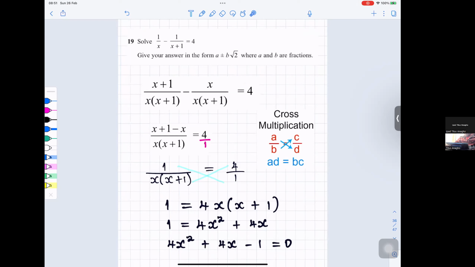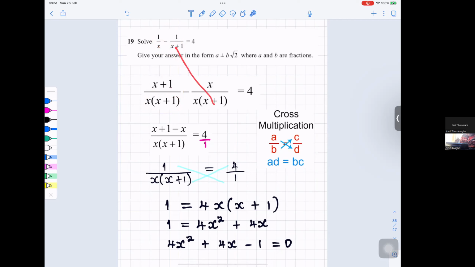You can write the 4 as 4 divided by 1. And before you do that, we can put the two fractions on the left-hand side together. The common denominator is x and x plus 1. When you divide by x and then multiply by 1, you get x plus 1.